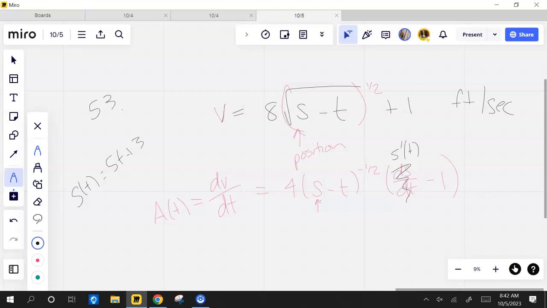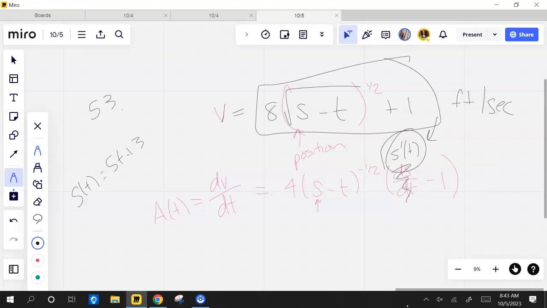All right, now here's where you really have to think about this. Does everybody understand where this came from? Okay. What's another way I can say the derivative of position? Velocity. Wasn't I given velocity? In the very beginning, right? This is velocity.